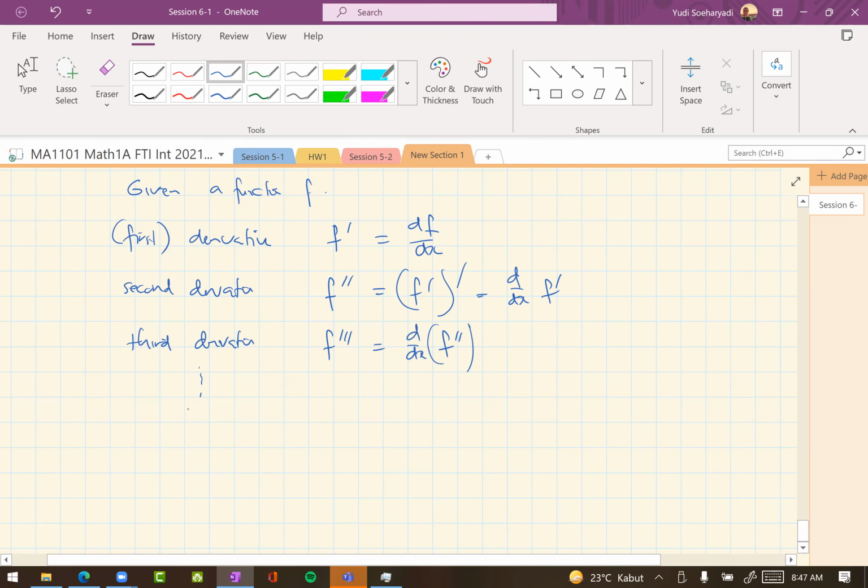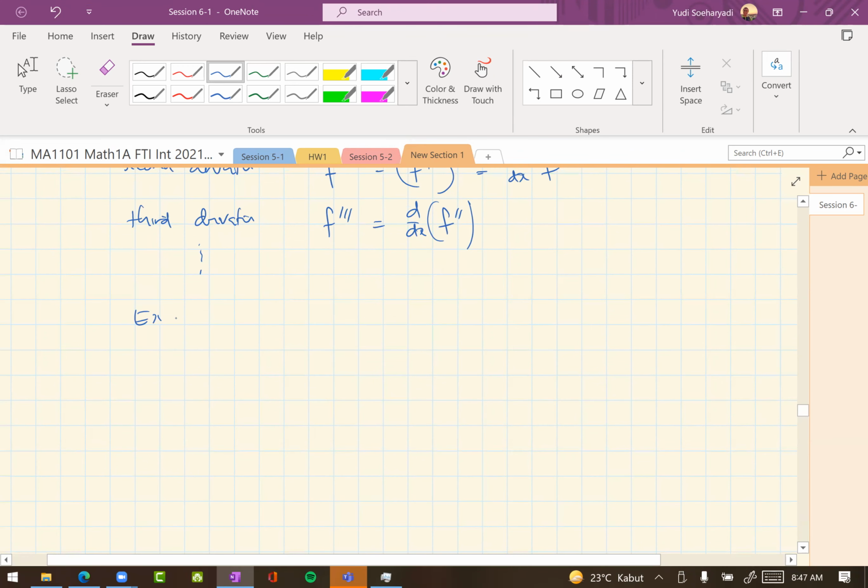Okay, and it goes on and on. Just to give you an example here, let's start with, say, 5x squared minus 7. Find all derivatives, meaning find the derivative of all orders.